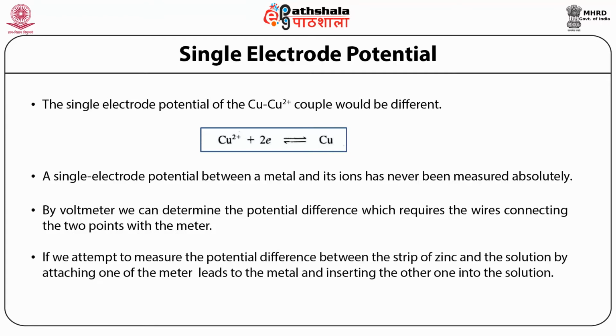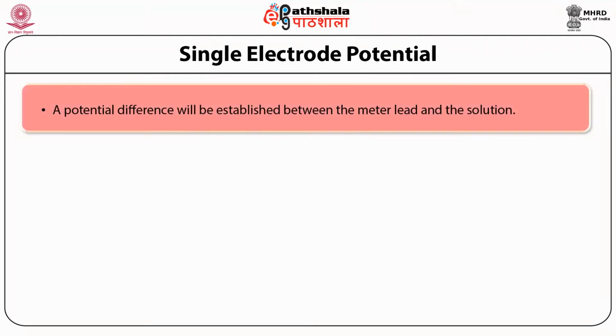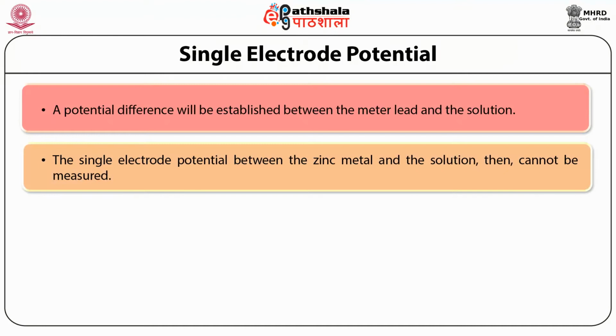If we attempt to measure the potential difference between the strip of zinc and the solution by attaching one of the meter leads to the metal and inserting the other one into the solution, a potential difference will be established between the meter lead and the solution, and we shall be unable to correct for its contribution to the measured voltage. The single electrode potential between the zinc metal and the solution then cannot be measured.